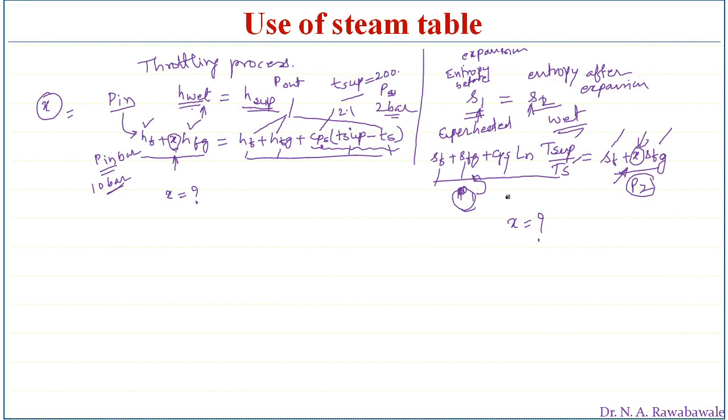Likewise, if we know properties of steam before adiabatic expansion, we can find out quality of steam after adiabatic expansion, that is, dryness fraction of steam, or temperature of superheated steam in case of compression. So for us to have the basic idea about using this steam table and finding properties of steam at different pressures, this much is sufficient to go ahead with the calculations related to the steam generators.